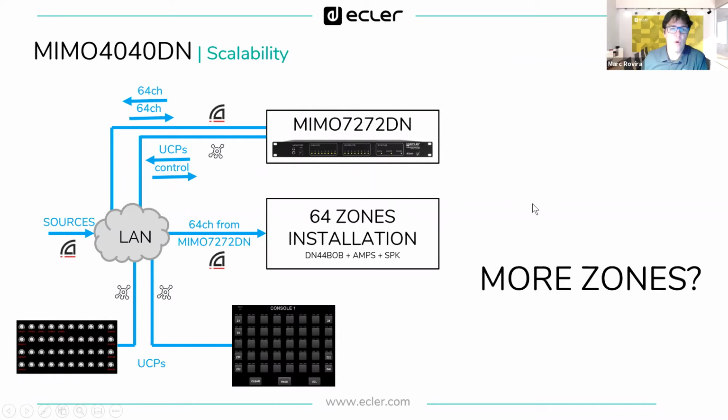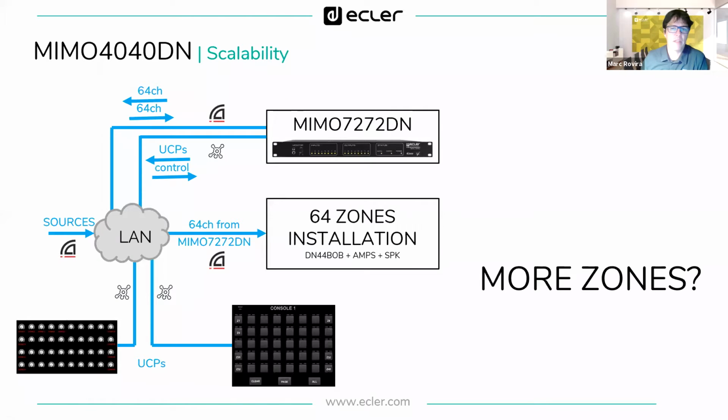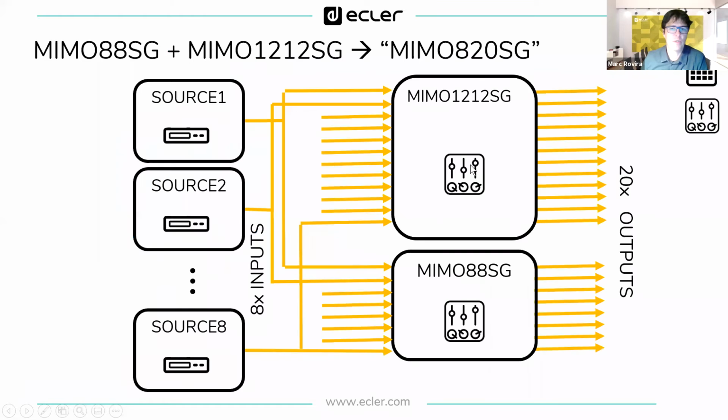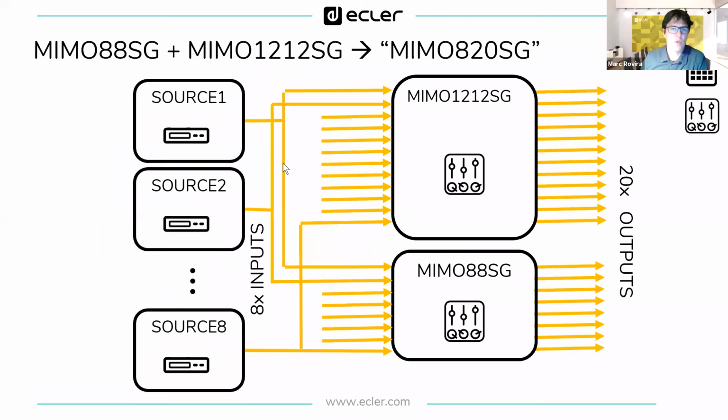What if you need more zones? It's a maximum of 64 zones, as we've got a 64 by 64 matrix inside. No, we can do a lot more zones. How? With this trick. This is for analog. We've got a MIMO 8, kind of MIMO 820.